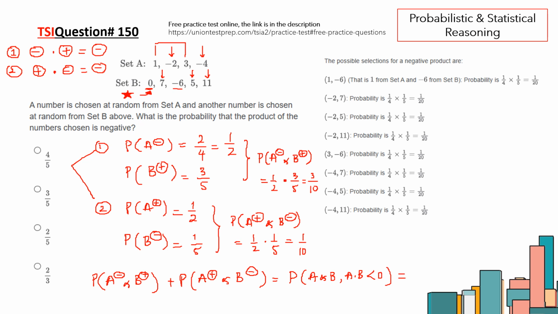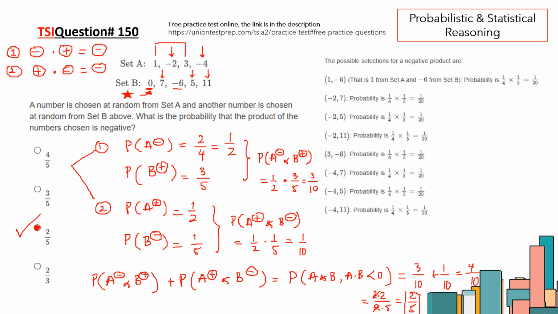That will be equal to 3 out of 10 plus 1 out of 10, which is 4 out of 10. When we reduce 4 out of 10 by a factor of 2, 2 times 2 is 4, 2 times 5 is 10, you have 2/5. And 2/5 is the correct answer.